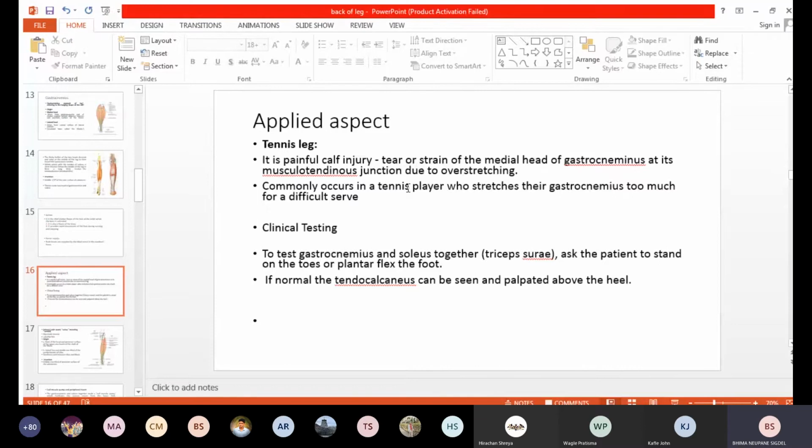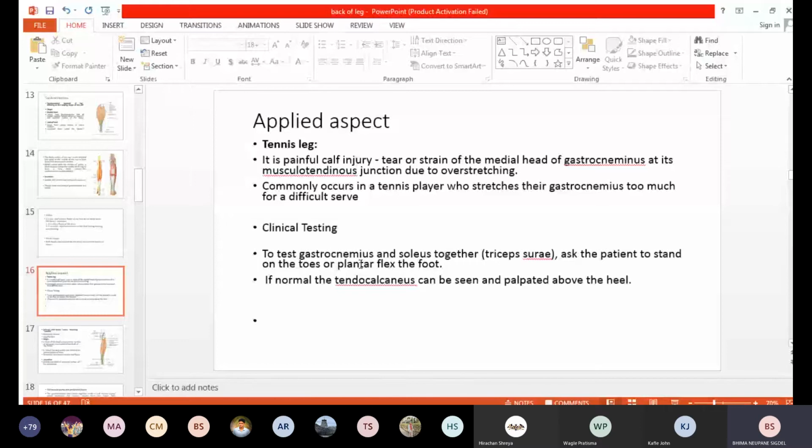After that, how to test this muscle? To test the gastrocnemius and the soleus, that is the triceps surae, you ask the person to stand on the toes, that is, do plantar flexion, because the action is plantar flexion only.